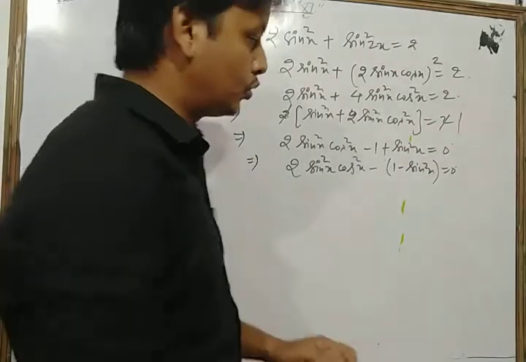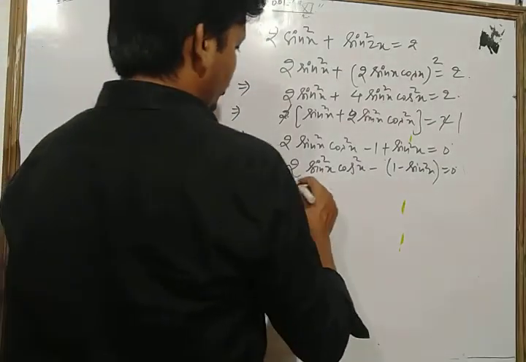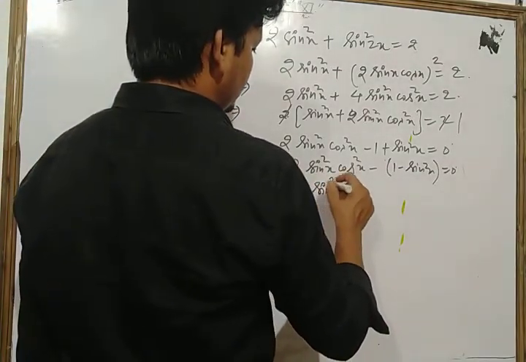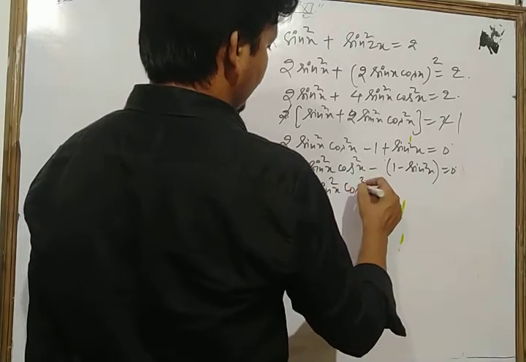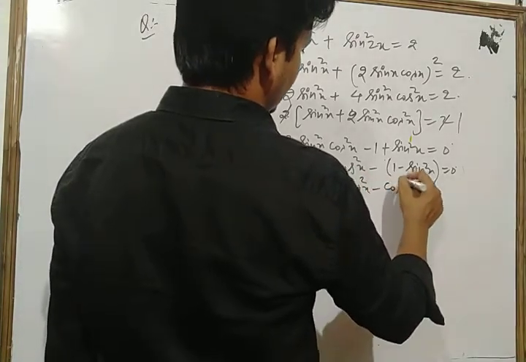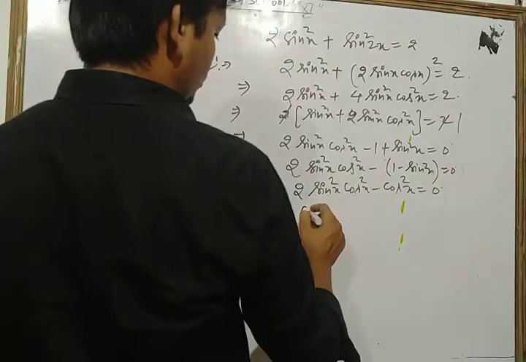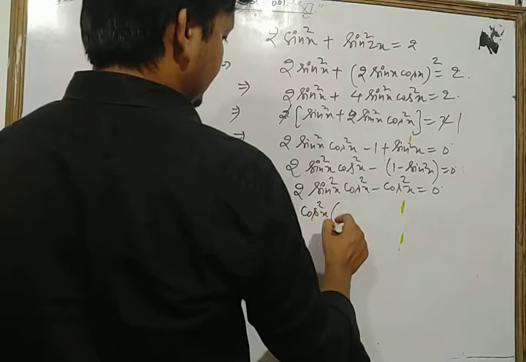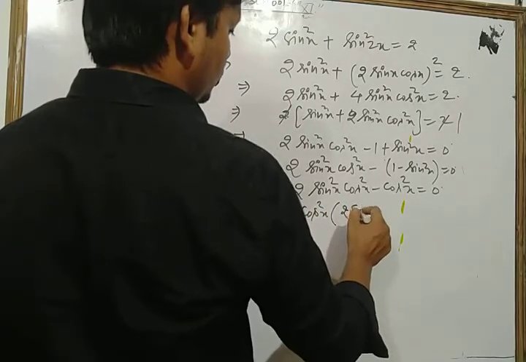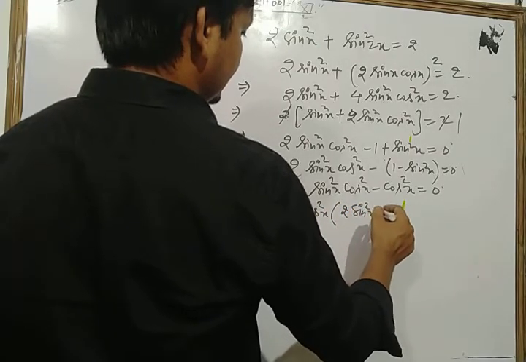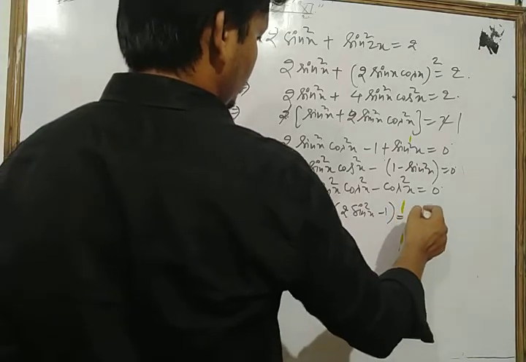Cos square x. So here we have 2 sin square x into cos square x minus cos square x is equal to 0. Now we take cos square x as common, then we get 2 sin square x minus 1 is equal to 0.